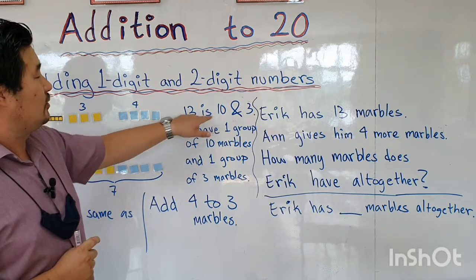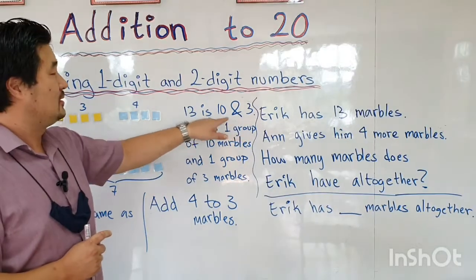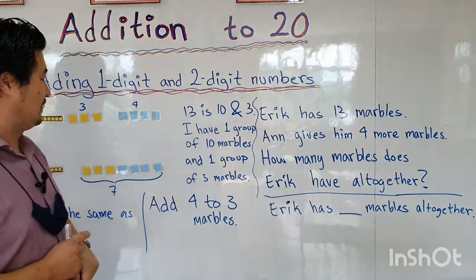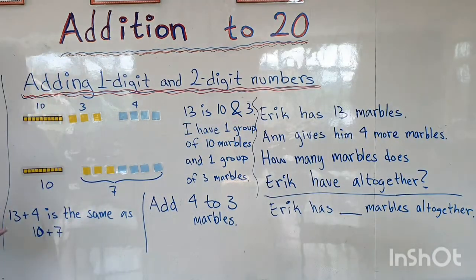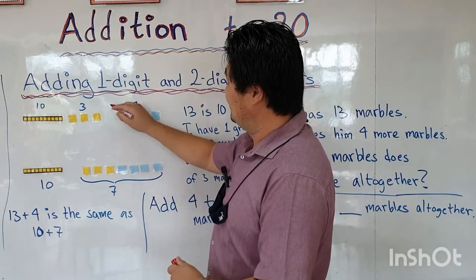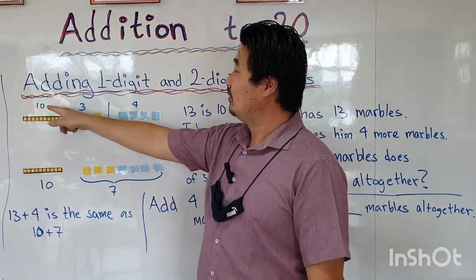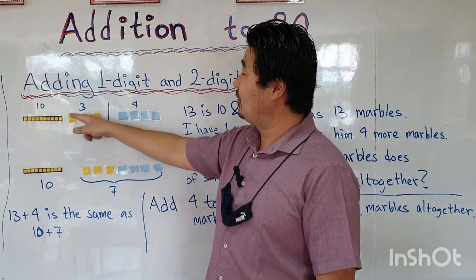Because 13 is one group of 10 and one group of 3. 10 plus 3 equals 13. Okay? So now look at this here. 13 is 10 plus 3. One group of 10, one group of 3.